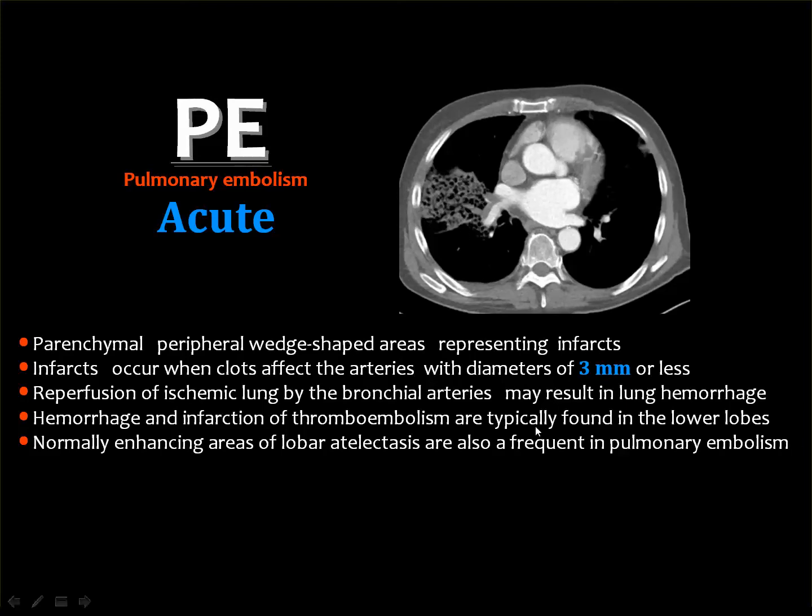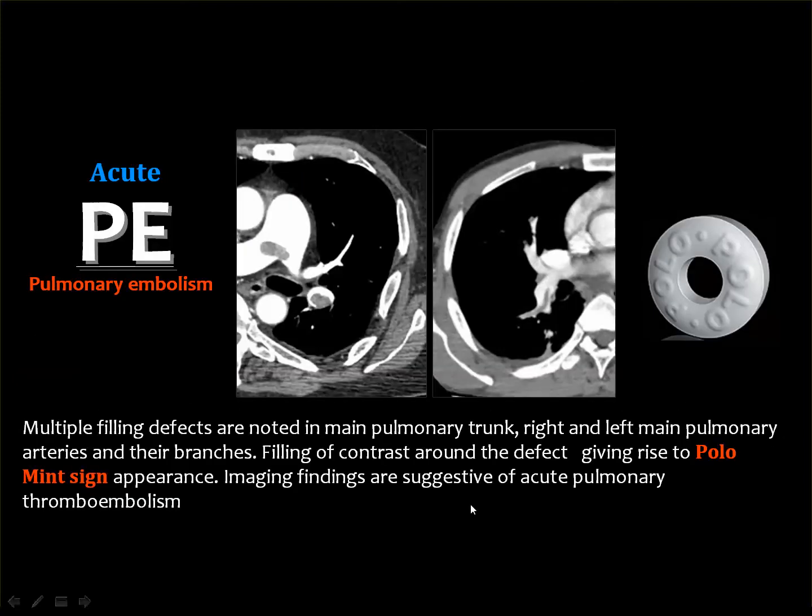And it is known in the literature that infarcts occur when the clots affect arteries with a diameter of 3 millimeters or less. Then this is what is known as the polo mint sign, where you get an embolus which is circumferentially surrounded by contrast material.